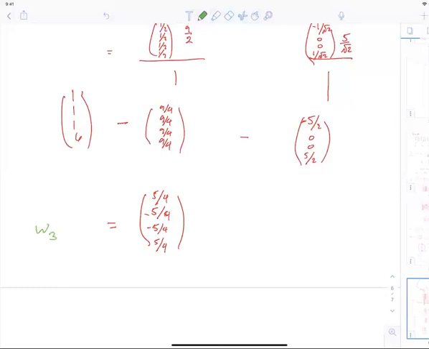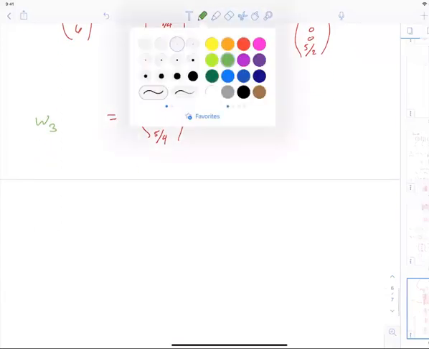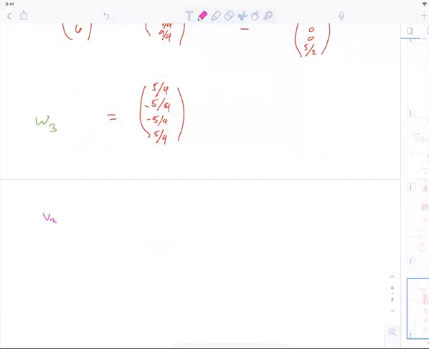Now this vector itself is also not norm 1. It has an entry bigger than 1. So we have to divide to get our final V. We're going to go ahead and divide W by its norm.